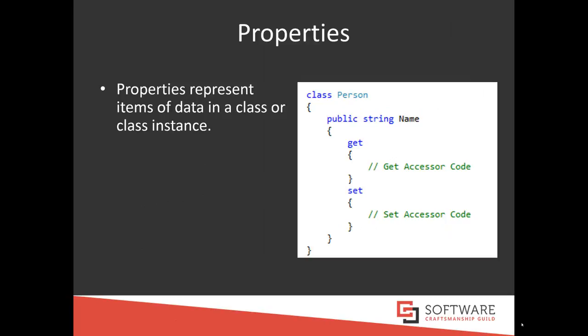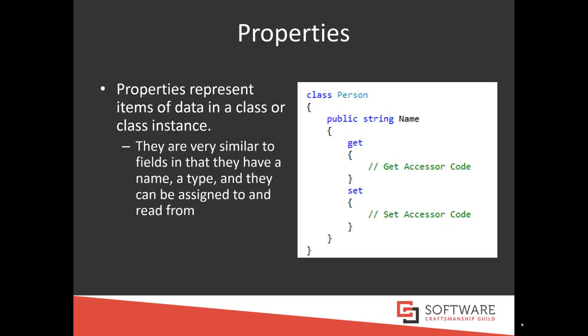Next, we have properties. Properties represent items of data in a class or class instance. They look on the outside very much like a field, but on the inside, they have a name, a type, and they can be assigned to and read from using the get and set accessors.